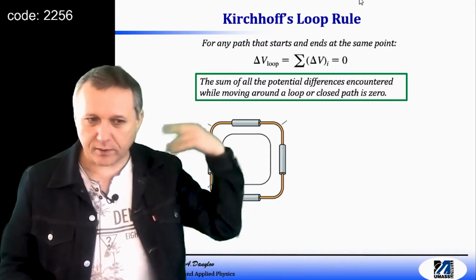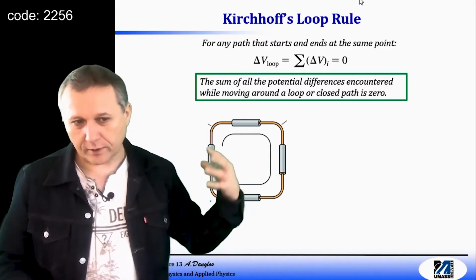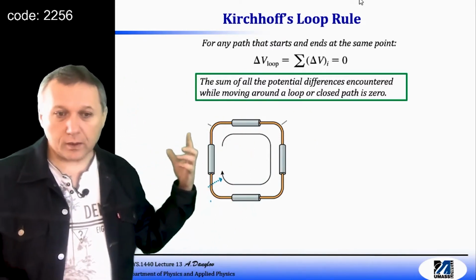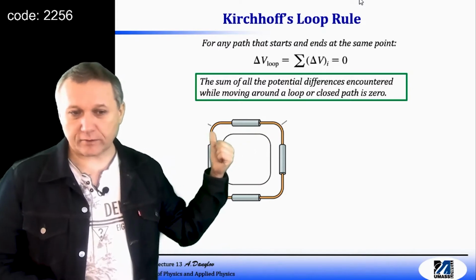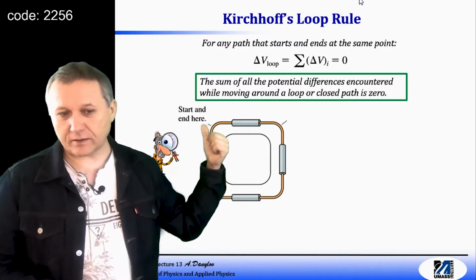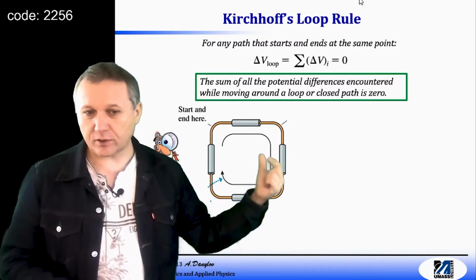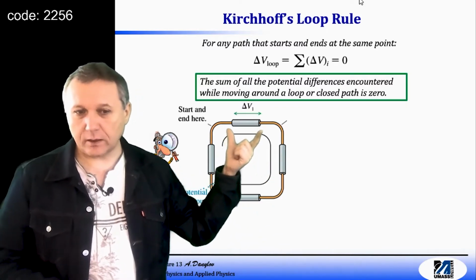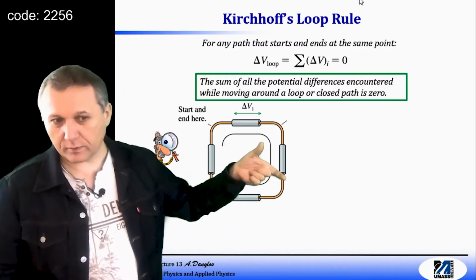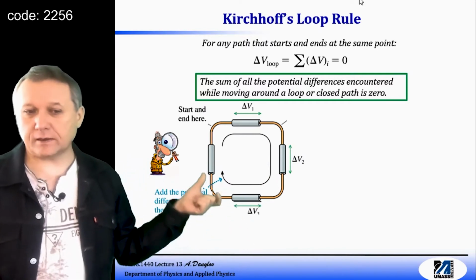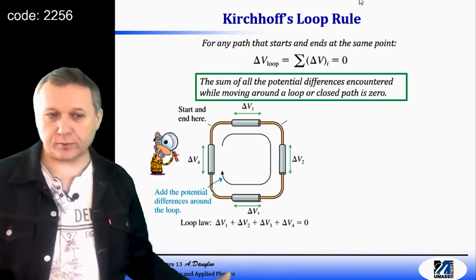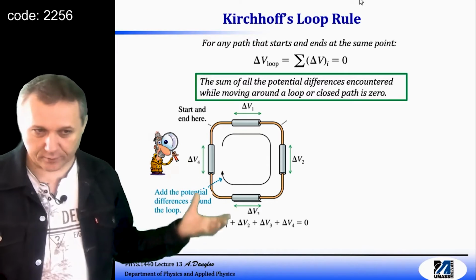Don't think, just pick a direction and follow it. If you start from this point, the starting point, and count the potential differences, you'll have delta V1 over here, delta V2, delta V3, and delta V4. If you add them all up, you're supposed to end up with 0.